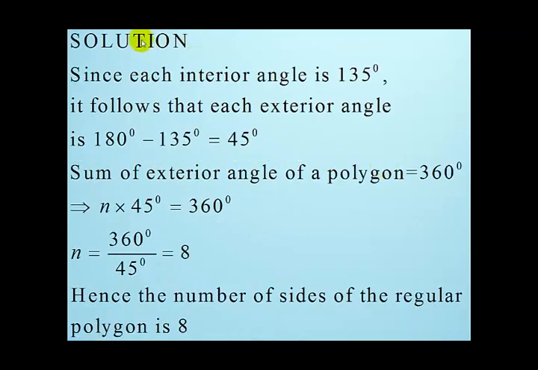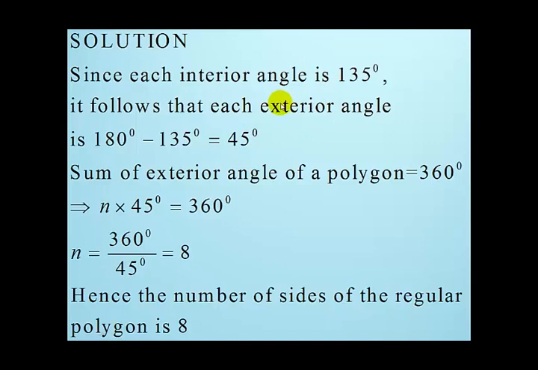Now, solution. Since each interior angle, from the question, we were given to be 135, it follows that each exterior angle is 180 minus 135 degrees. This is because the exterior angle is adjacent to the interior angle, and we know that the sum of the angles on a straight line will give us 180 degrees.